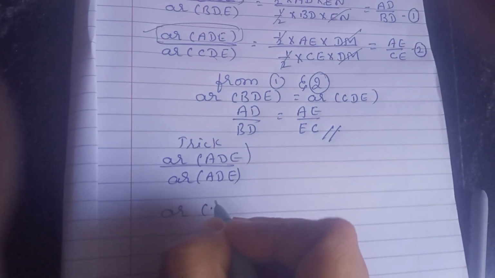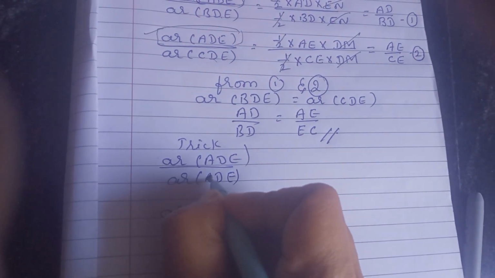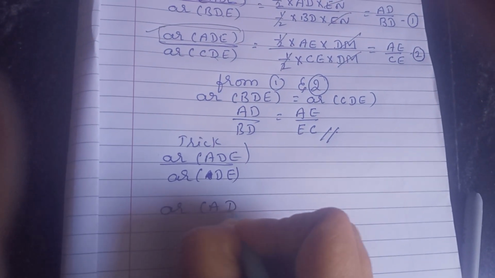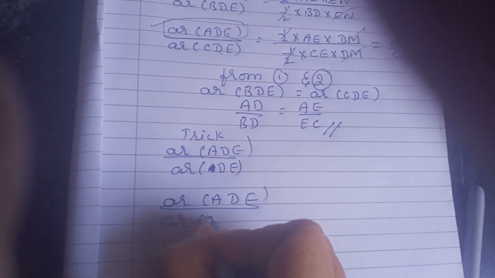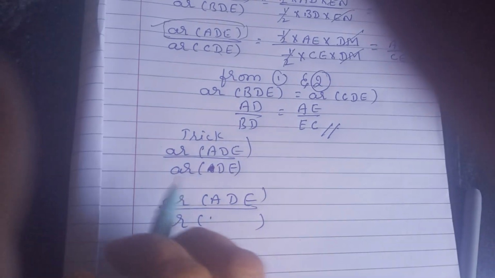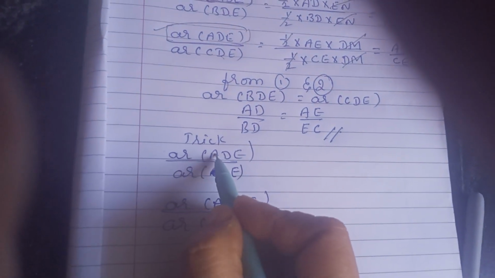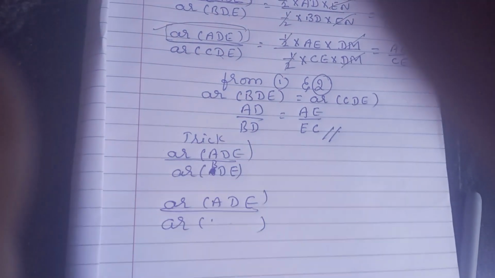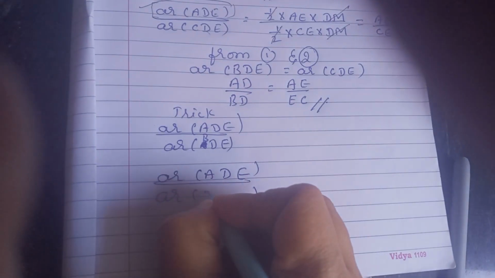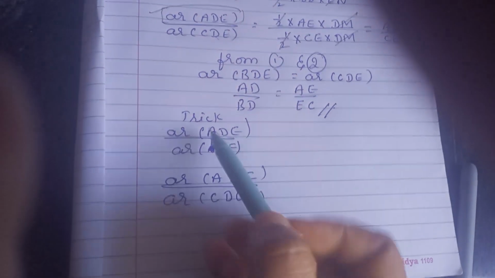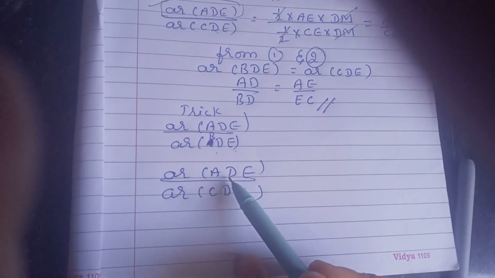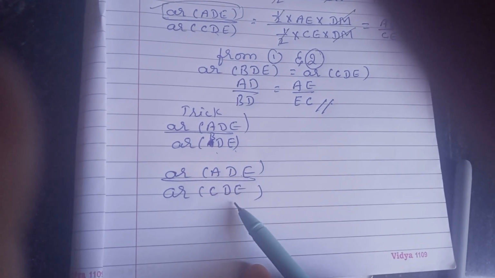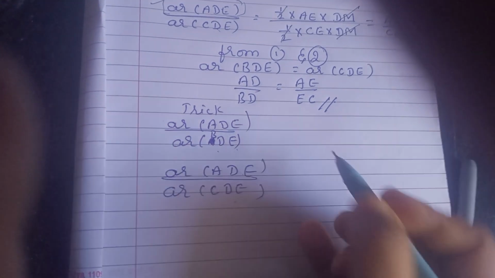Here we write area of triangle A, after A what will we get? B. After B what will you get? C. So, area of triangle ADE, area of triangle BDE, area of triangle ADE, area of triangle CDE.